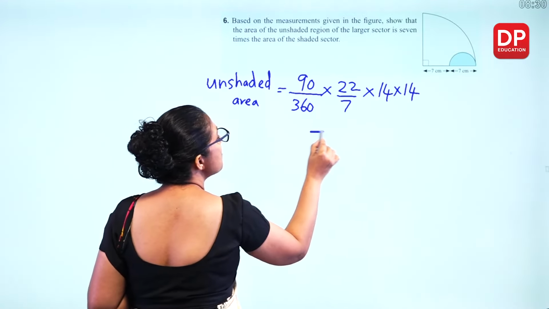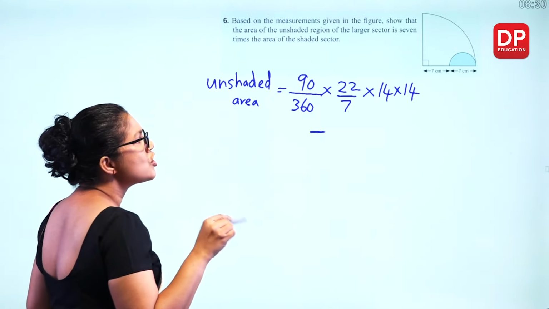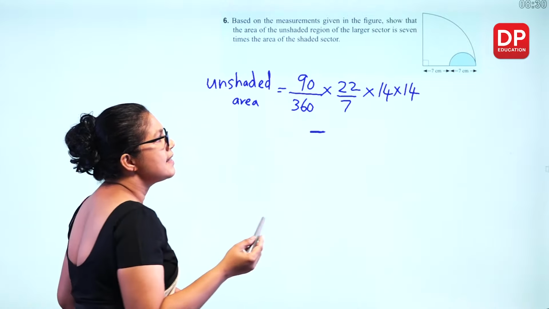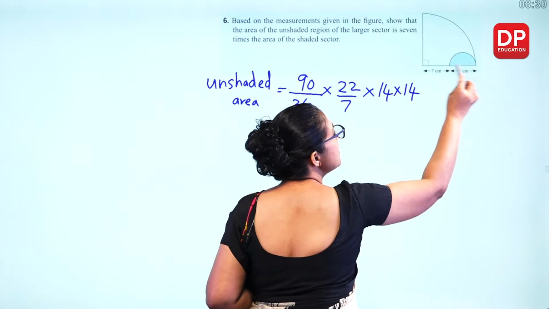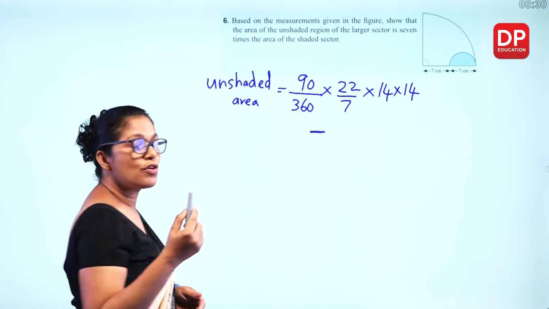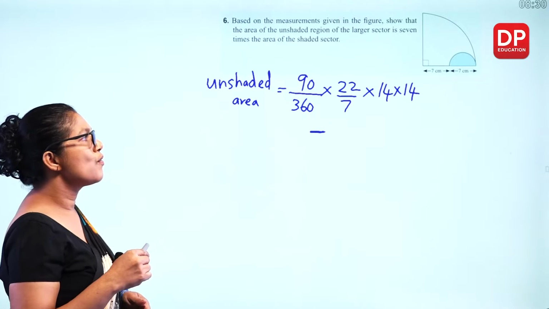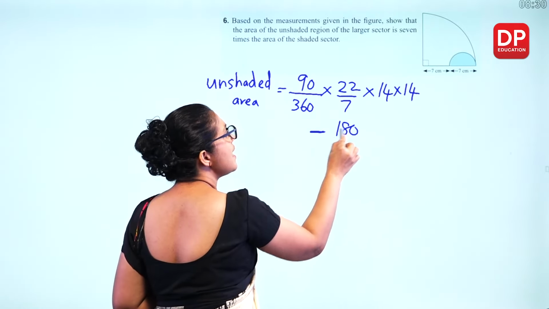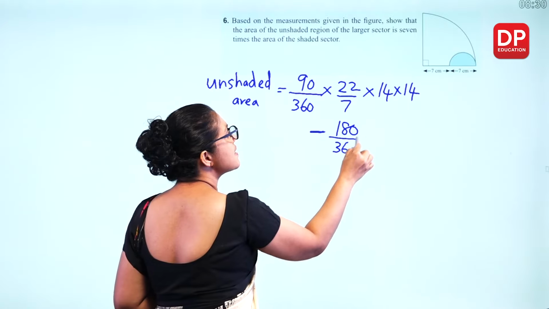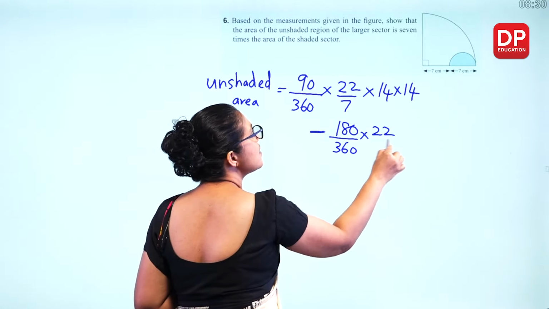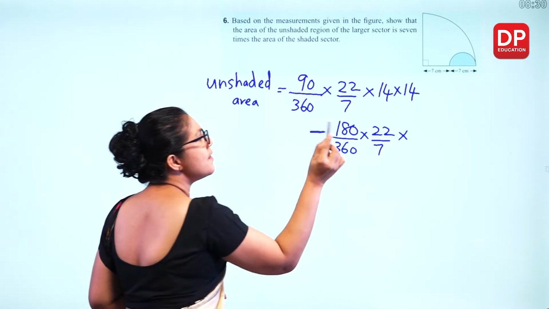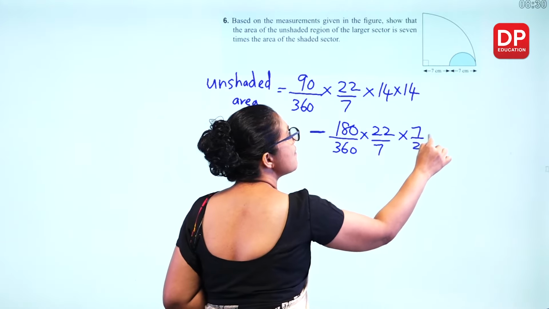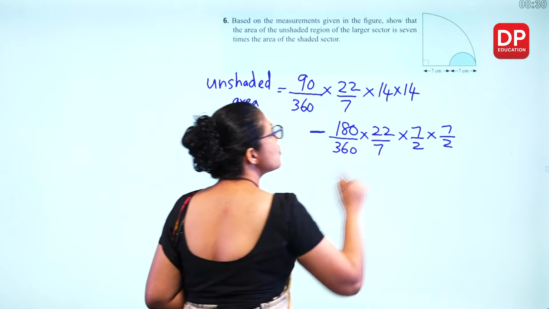And then we subtract the shaded semicircle. In the shaded semicircle, the diameter is 7. So what's the radius? 7 over 2. So what's the angle for a semicircle? 180 over 360 into pi. Pi is 22 over 7. The radius we can write 7 over 2.